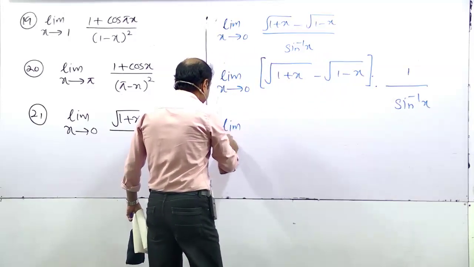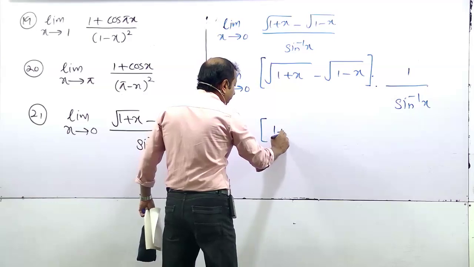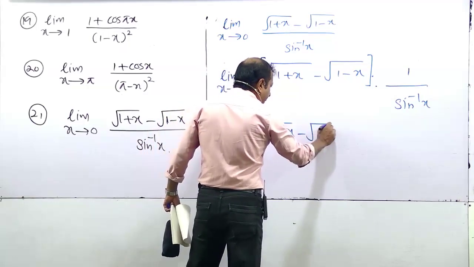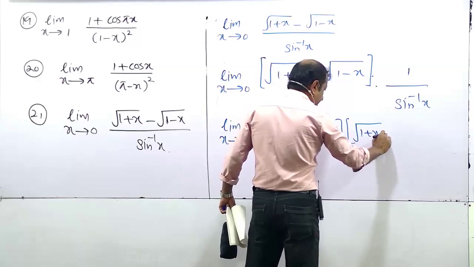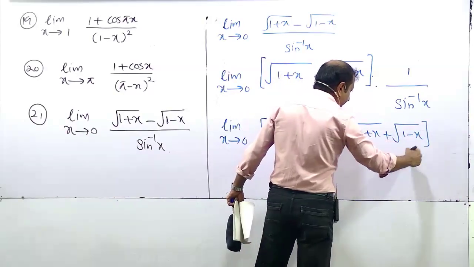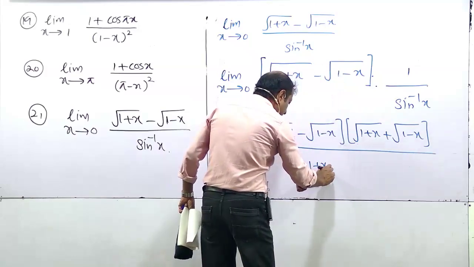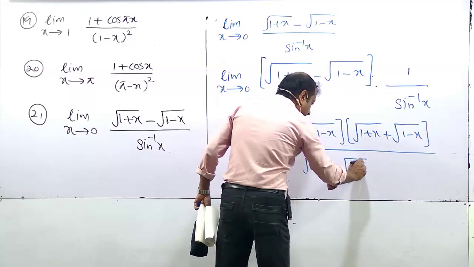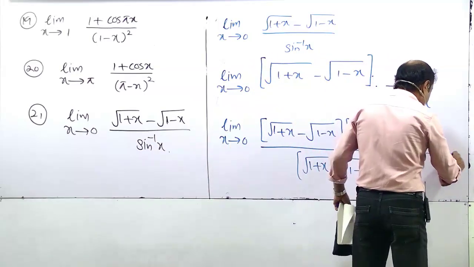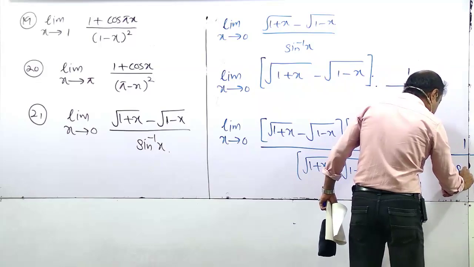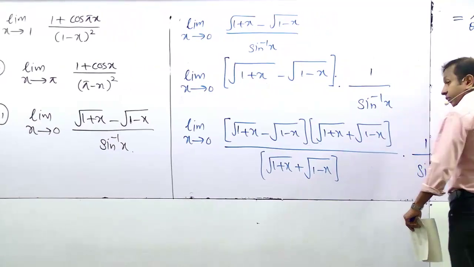Limit, multiply by the conjugate of this, and meantime divide by the same conjugate, into 1 over sine inverse x. Okay, right.